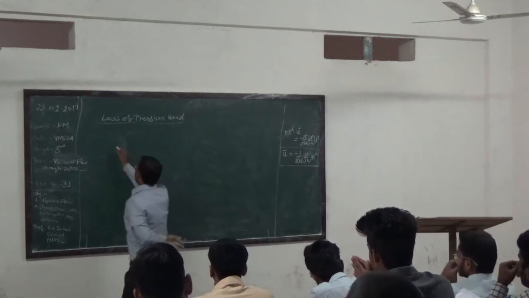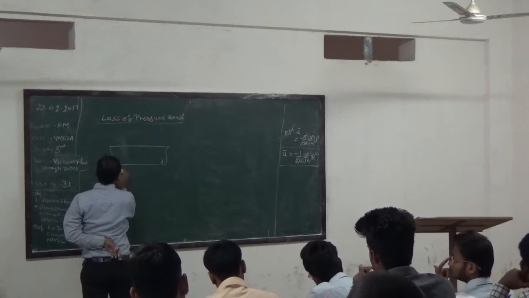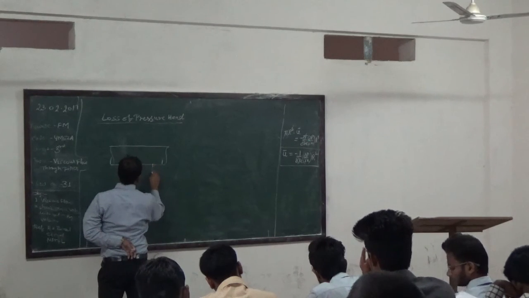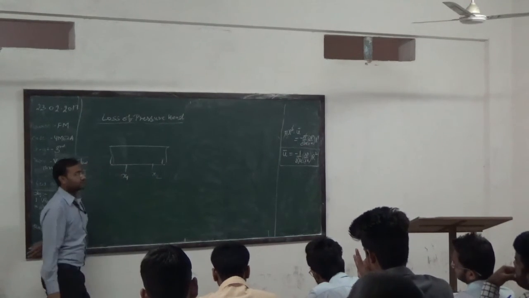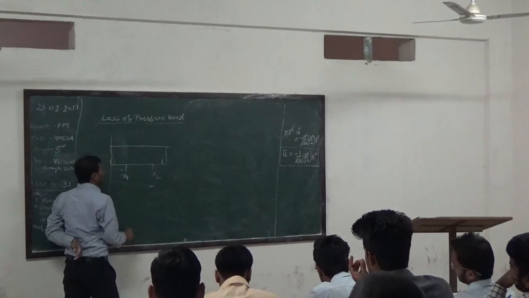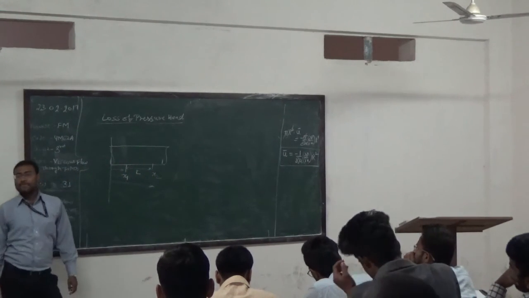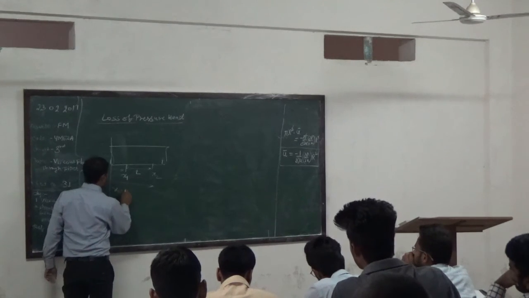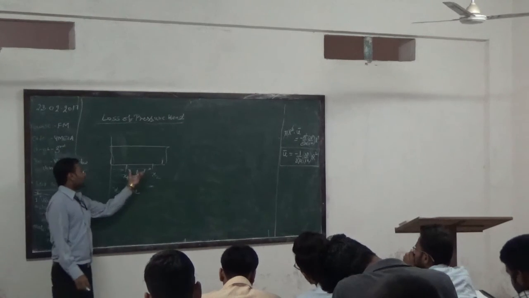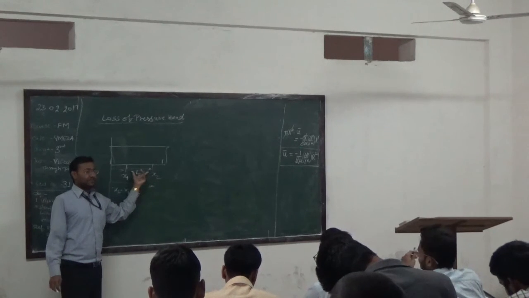Suppose this is a pipe. This is x1 distance and this is x2 distance. Okay, from this entry point, this is x1 distance, this is x2 distance, and this is capital L. So x2 minus x1 is equal to capital L. Now our focus is to determine the loss of pressure head within this length.